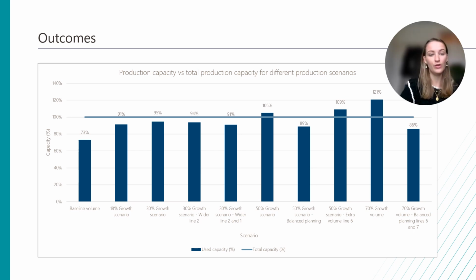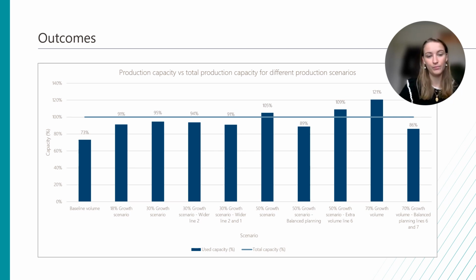And you also see in the rest of the graph, you see a 100% line. They didn't want to reach the 100% line. So what you can see, for example, if we increase the planning with 80%, then we are operating at 91% of the capacity.